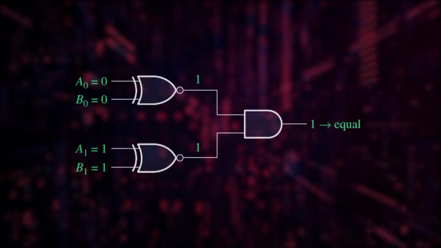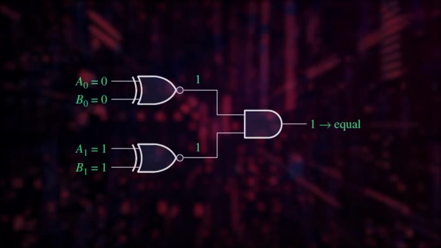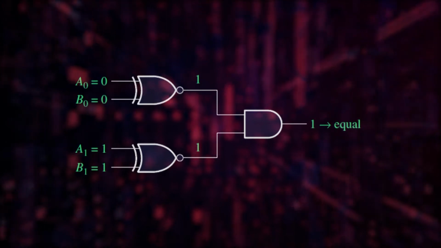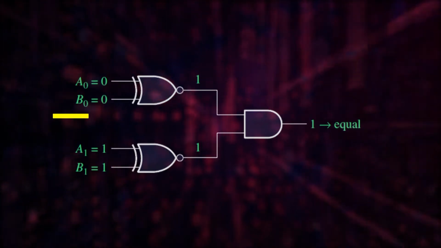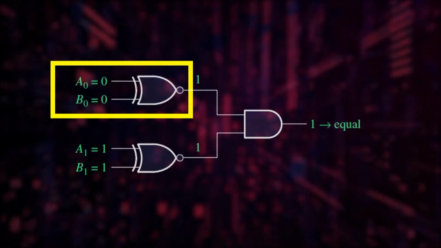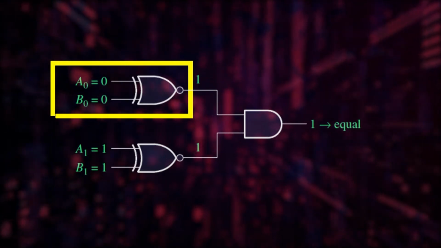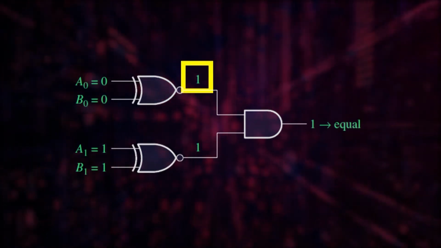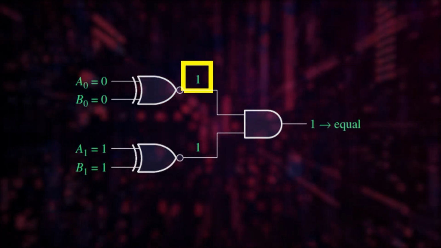Let us consider the realization of a 2-bit comparator using an example. See how the comparison of two numbers 10 and 10 is performed using a magnitude comparator. The least significant bits of the two numbers, 0 and 0, are fed into the first XNOR gate, which produces output 1 as those bits are equal.